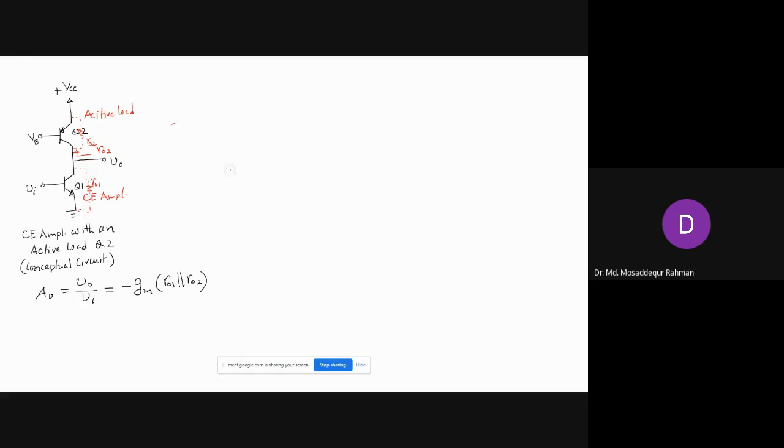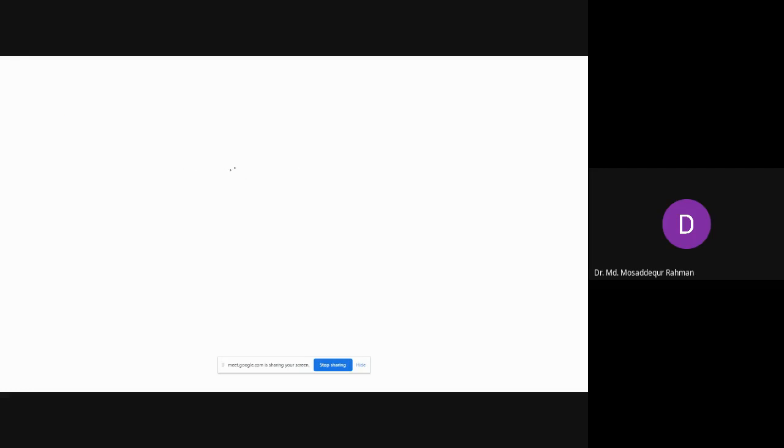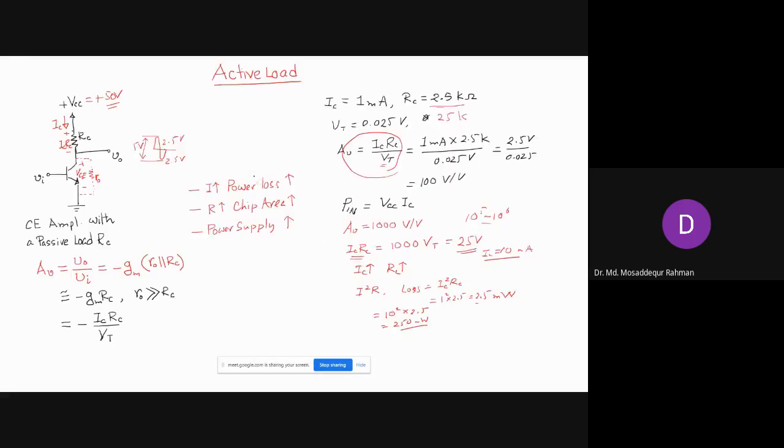We had r0 also in the previous circuit. If you go back, in that circuit we have this RC, and the gain was minus Gm times r0 parallel RC.